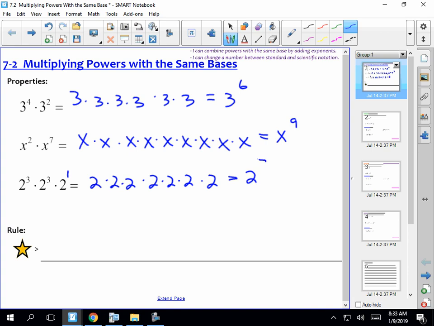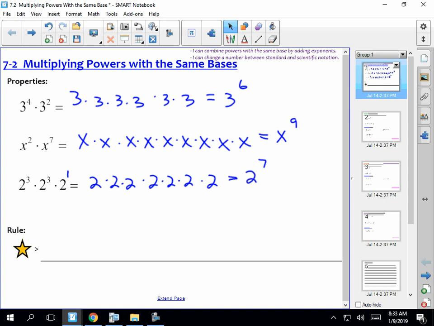And so what we discover here, what are you seeing? What's happening here? How could I avoid writing out all the 2's? See a pattern? How can I know how many 2's or how many x's or how many 3's I have here? Yeah, just add up the exponents. And that's the third rule.